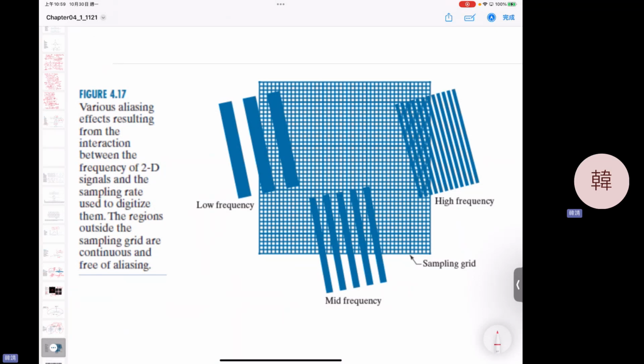I put them on the sampling net immediately, and the image is affected by your sampling. Now the graph looks fine. Why? Because it's a low peak frequency for this one, and the sampling net is twice larger, oversampling for this one, and this one is exactly twice the sampling rate. So it's fine. You can see your image is still clear.